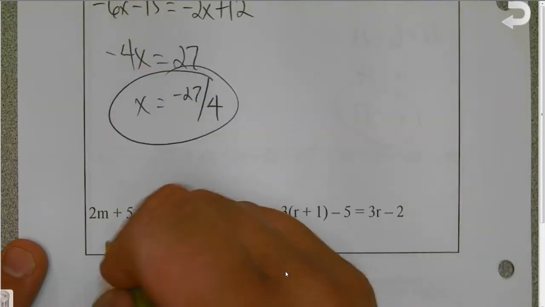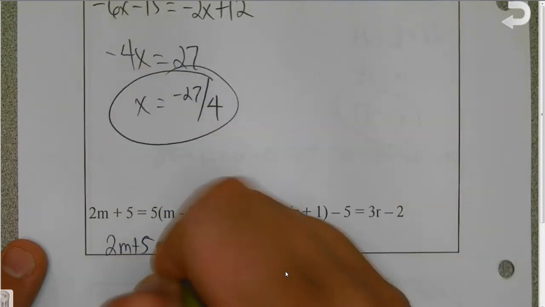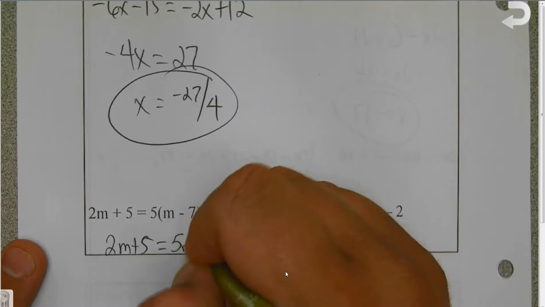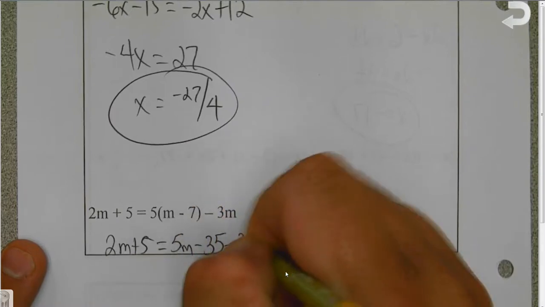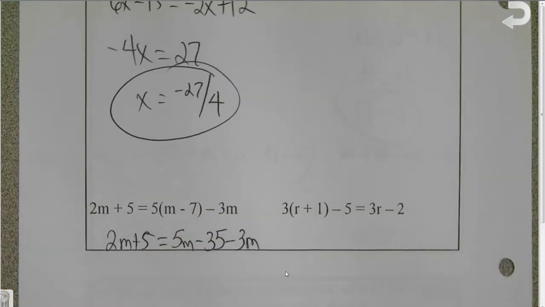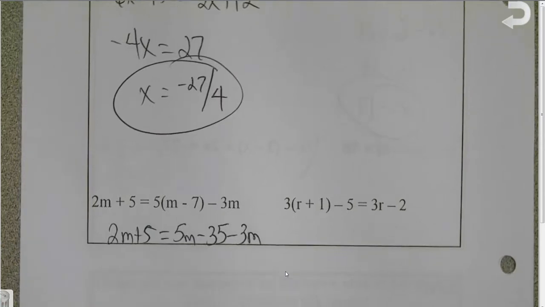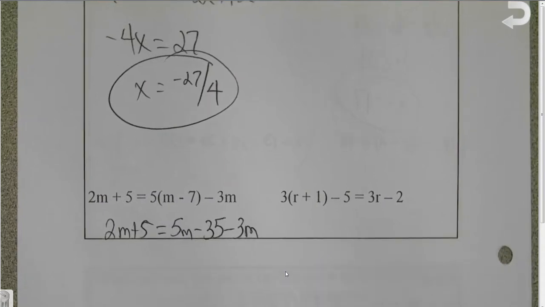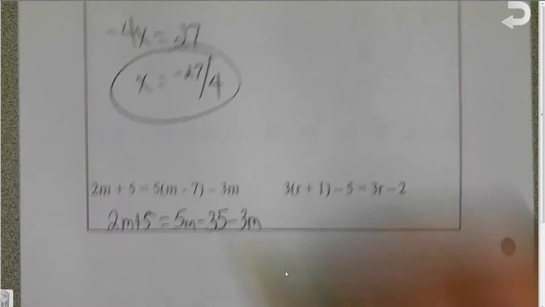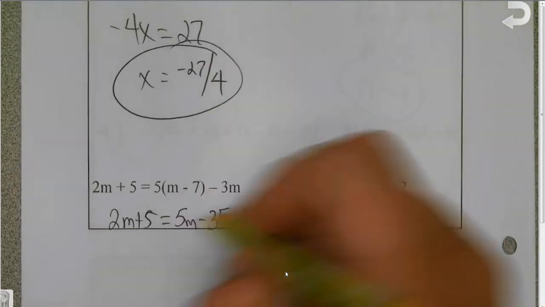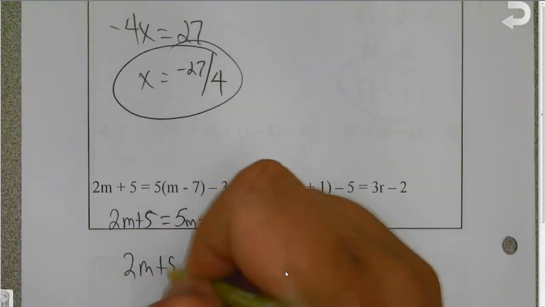So we get 2m plus 5 equals 5m minus 35 minus 3m. So we have to combine like numbers. When I do that, I get 2m plus 5.